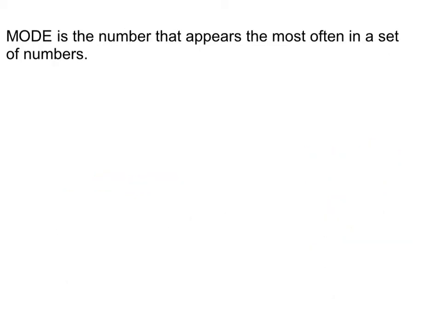The next math tool that scientists use is mode. Mode is the number that appears most often in a set of numbers. In this case, the number 2.